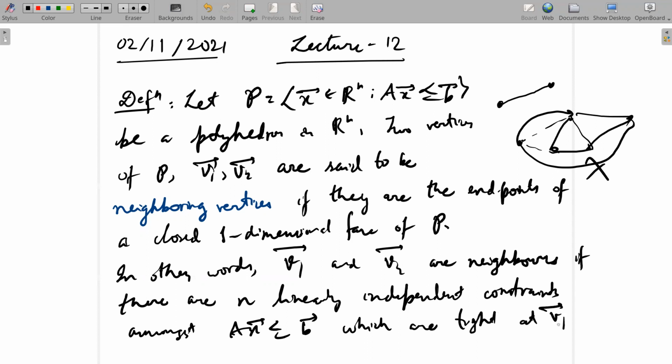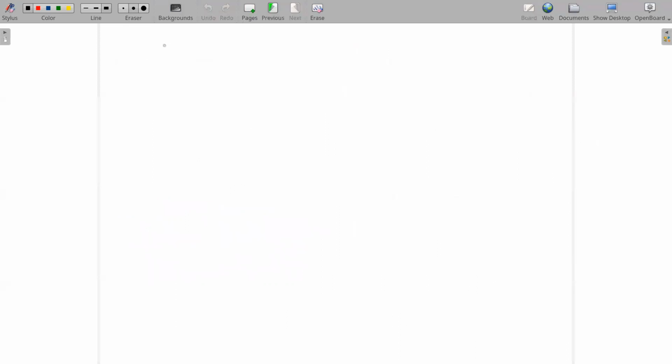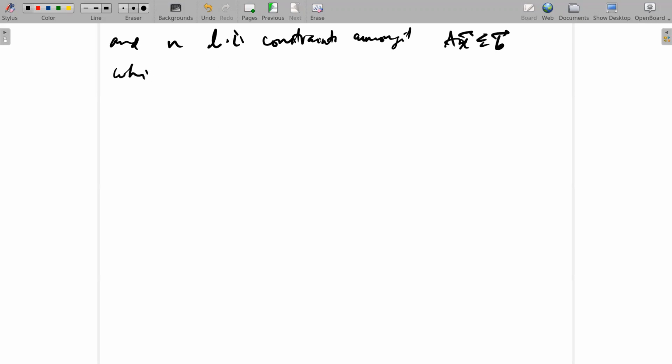That just tells us that V1 is a vertex. Similarly, there are n linearly independent constraints again amongst Ax less than or equal to b which are tight at V2, and both of these sets of constraints have an intersection of size n minus 1. Of course, at those n minus 1 constraints both V1 and V2 are tight. If you chose the same set of n constraints, then of course you'd get the same vertex, so those we would not call neighboring vertices. So precisely n minus 1 of those tight constraints are shared by V1 and V2.